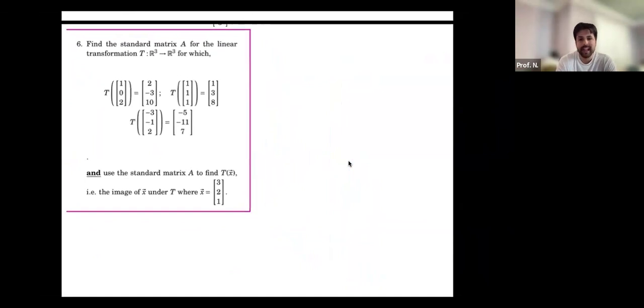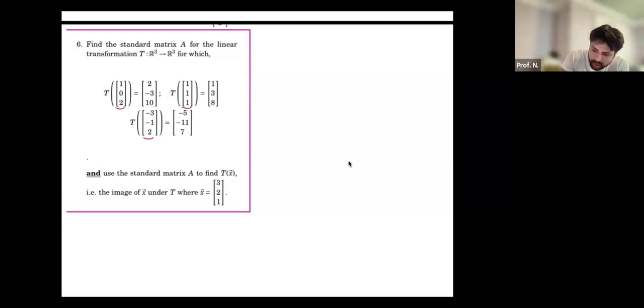I want to find the standard matrix A. What do I know? I'm given vectors. They're not the standard vectors. But let's look at them for now, okay?